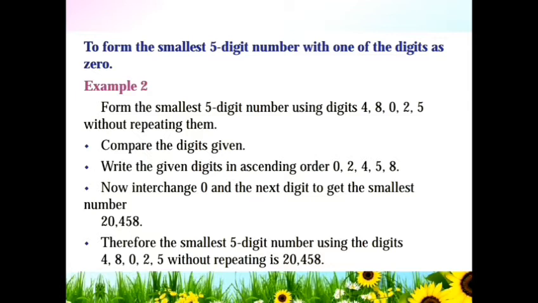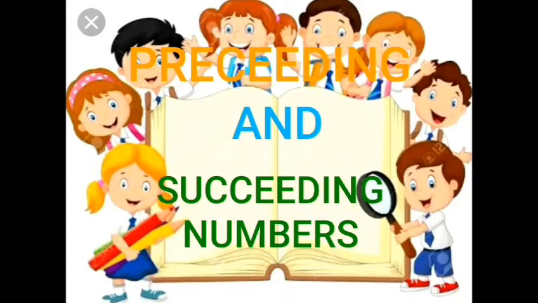The next topic is the preceding and the succeeding numbers of a 5-digit number. Here, preceding number means one less than the number in ones place, or before numbers. For example, 38,653.